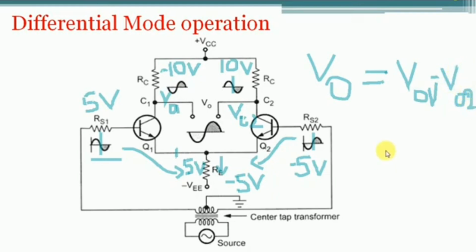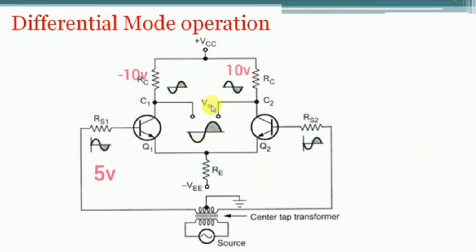If you consider the example we have considered, V01 is -10 and V02 is +10, so these two signals will get added. Why? Because V0 we can write as the difference of the collector terminal voltage of Q1 and the collector terminal voltage of transistor Q2.